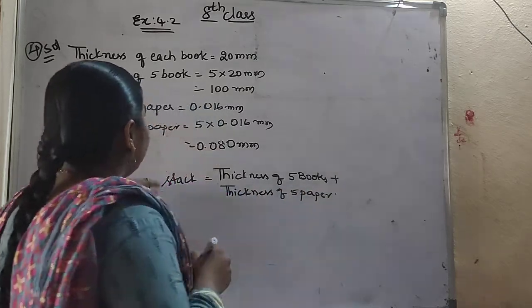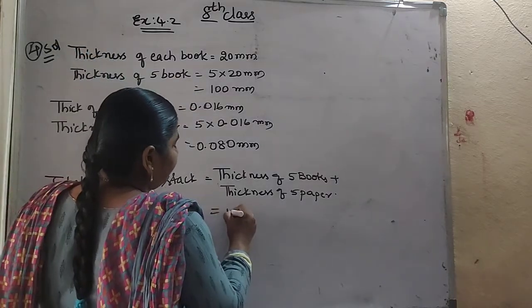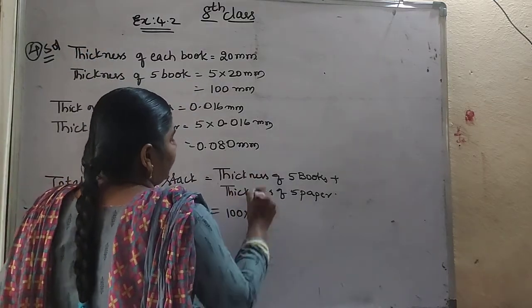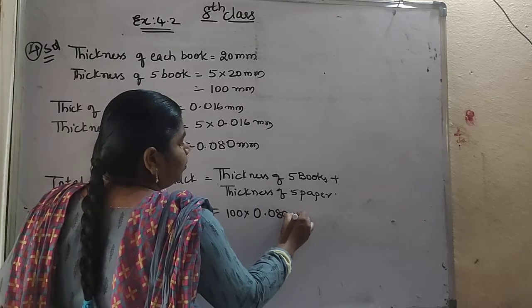Here the thickness of 5 books is how much? 100 into thickness of 5 papers is 0.080 millimeters.